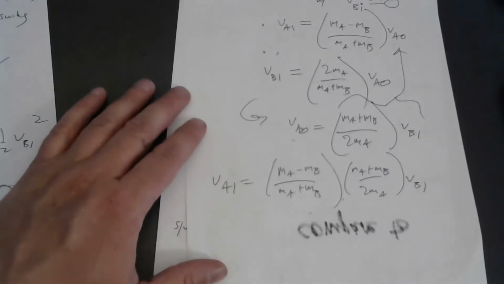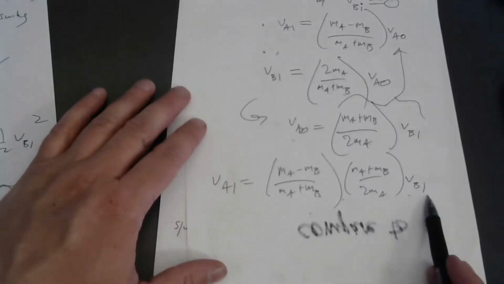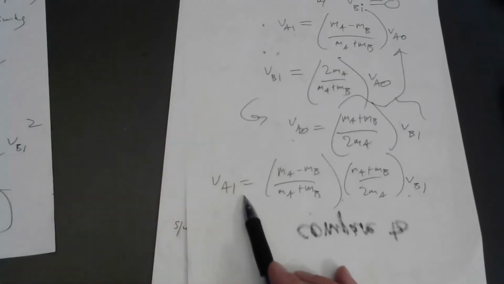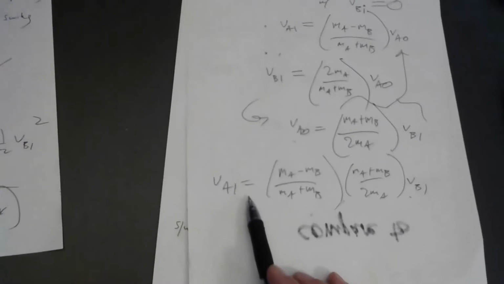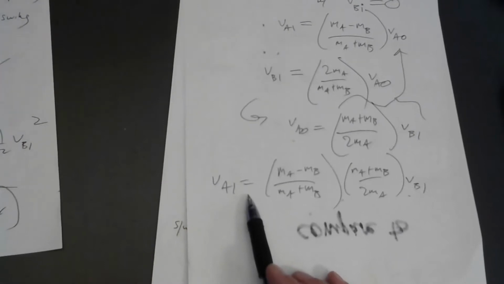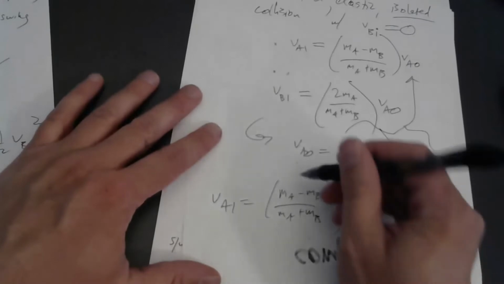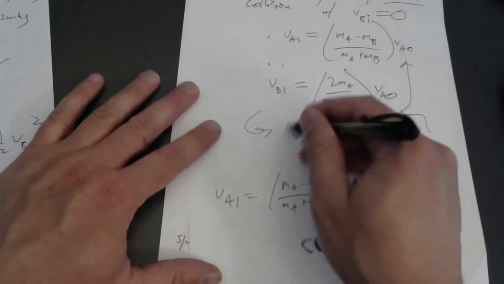So if we know the velocity of the larger ball, the one that was hanging there, after the collision, then we also know the velocity of the other ball after the collision. Now I'm looking at the problem here, and they actually don't even need this, so I did a little extra work. We're not being asked for this. We're only being asked for this quantity.